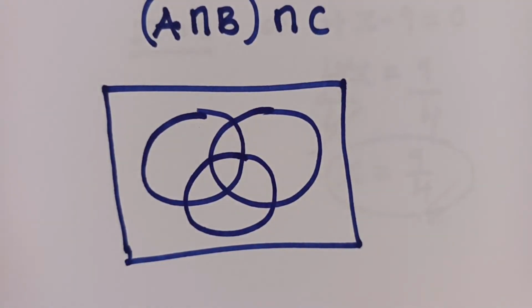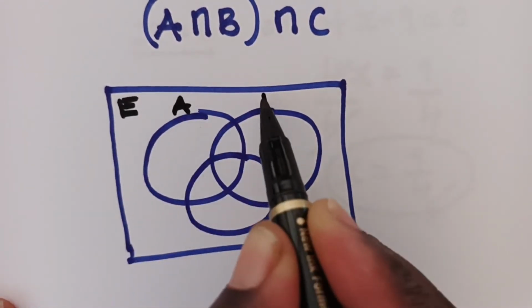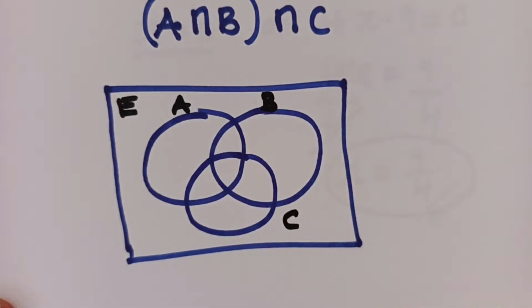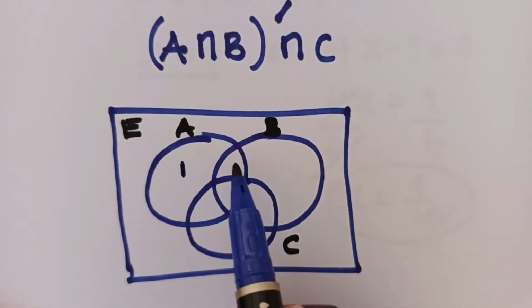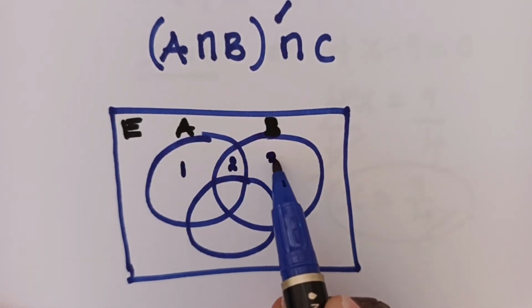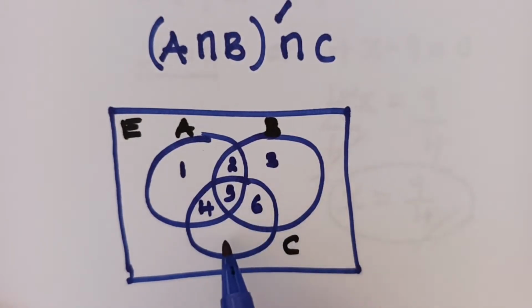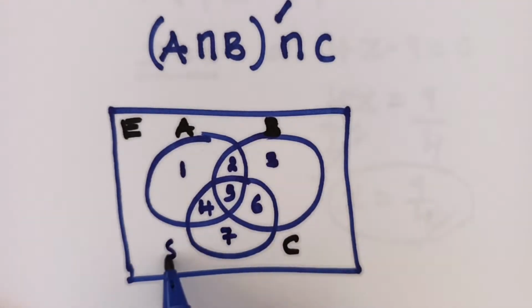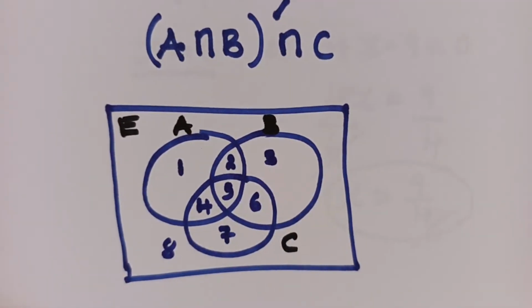So you shall say this is set A, set B, and set C. Once you label, write the numbers in each space. Any order is okay, as long as you've got one number in each space. So I've got 1, 2, 3, 4, 5, 6, 7, 8 outside.